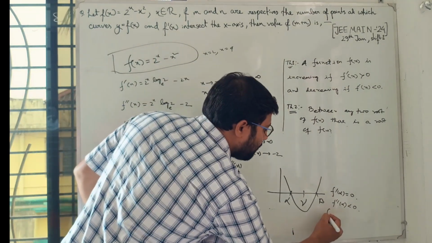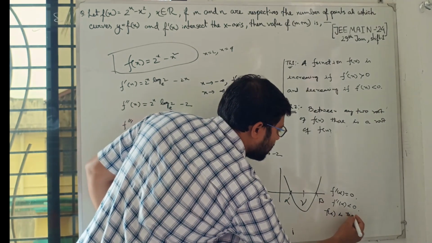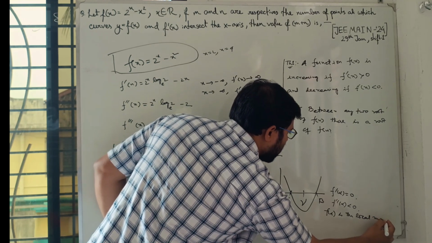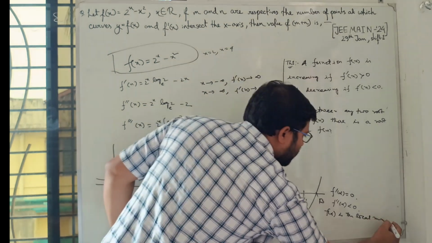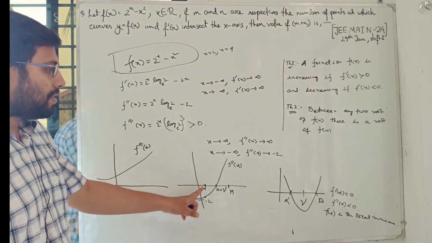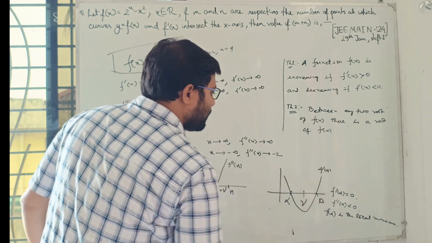So at x equal to alpha, f(x) has a local maxima.